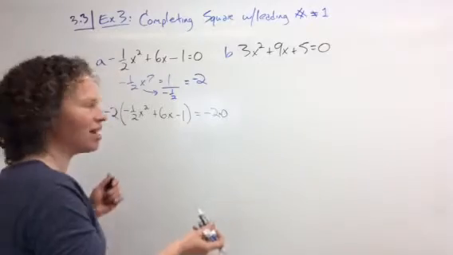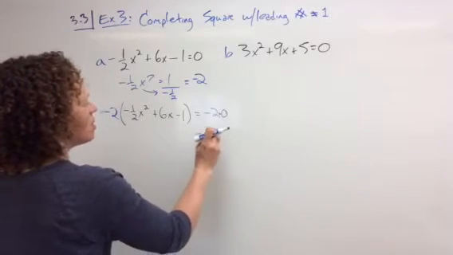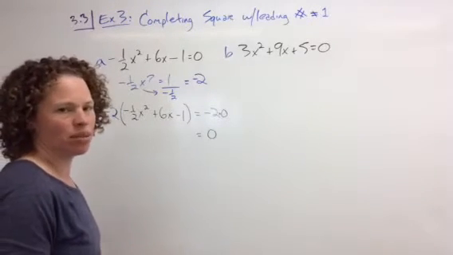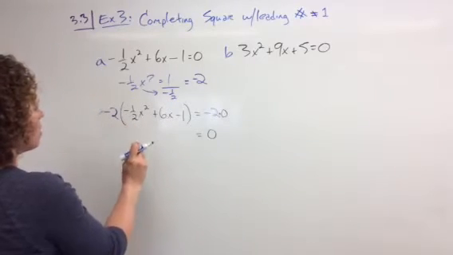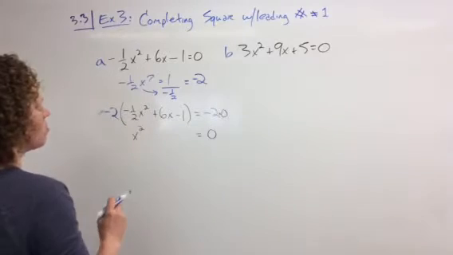See, we did it to both sides. But what you see happening is this is still just 0 because everything is 0 multiplied by 0. And this side becomes, these guys cancel out, which was what we wanted to do in the first place.